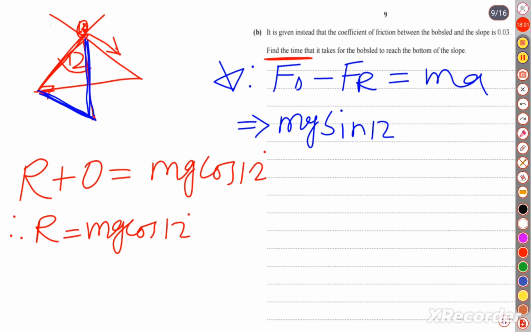That means the component of weight which causes sliding down is mg sine theta minus the resistance force. We know that if the surface is frictional or rough, the resistance force is mu R, and we have already found our R. Look at this, R is mg cos 12.